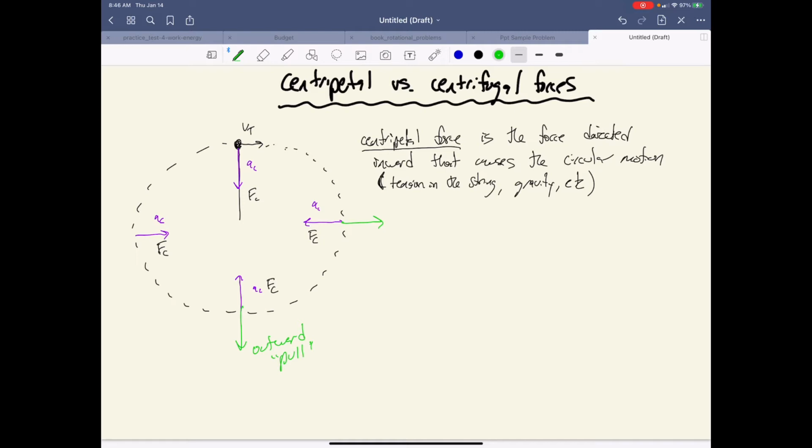In fact, if you imagine the rope is really slippery, as you're spinning this thing around, the rope might slip through your fingers and the object goes flying out. So it feels like there's an outward pull here.